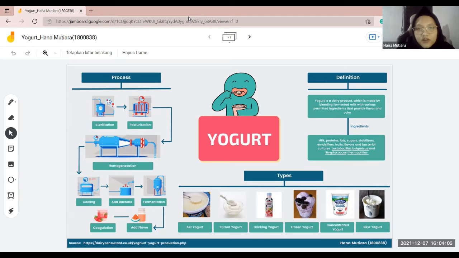Increasing the fat content of milk will result in a higher consistency or viscosity of yogurt. And also the milk fat will affect the maximum rate of pH decrease and the pH base during yogurt fermentation.